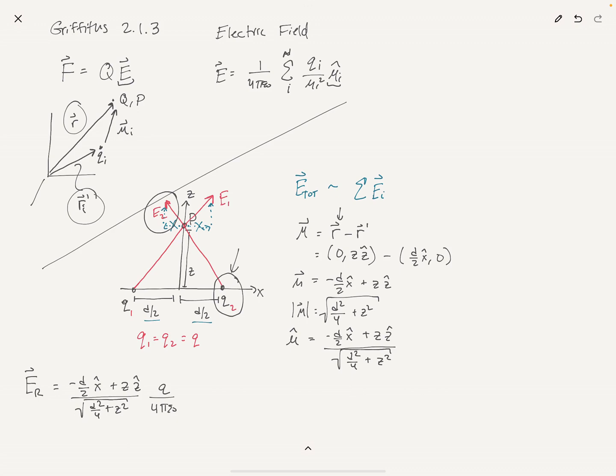Okay, that's not all of it. That was just the r hat. Now I need the magnitude on the bottom of d squared over 4 plus z squared. All right, that is the magnitude squared. Okay, so this is script r hat. This is the q over 4 pi epsilon naught, and this is 1 over r squared, matching this piece up here.